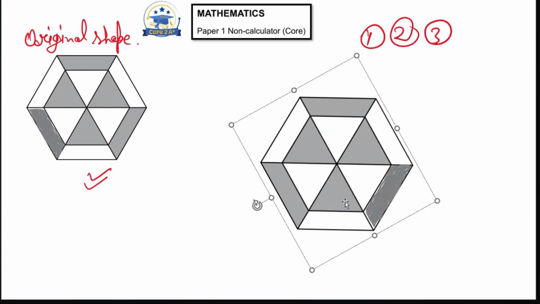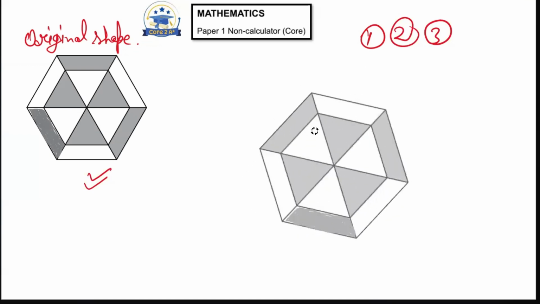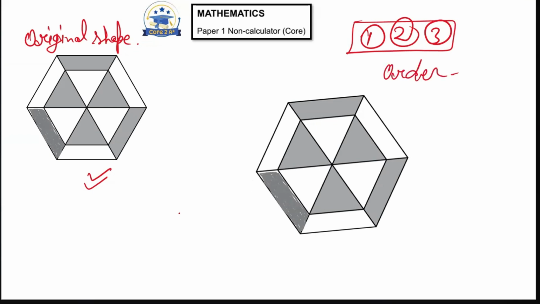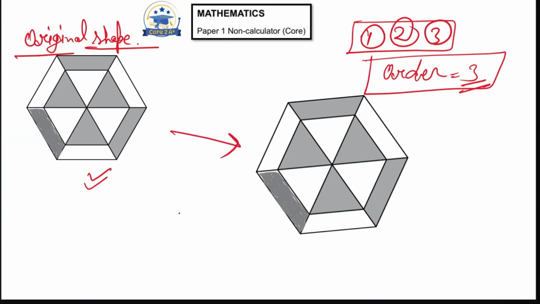After that, if I rotate, it is repeating. So without repeating, how many times can we rotate? Only 3 times. This is order 3. Order 3 means we can rotate this figure only 3 times to get the exact original shape. So you can compare with this.